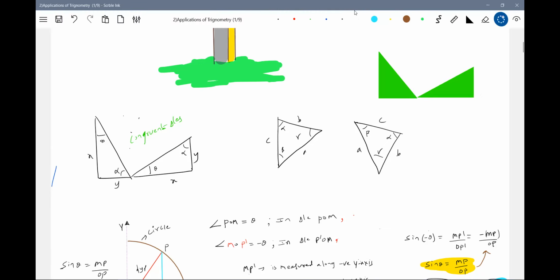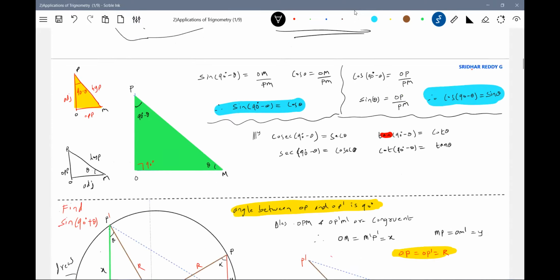If this is X, this will be X. If this is Y, this will be Y. This is some R, so this will be R. If this angle is theta and this is alpha, then this will be alpha and this will be theta. Only the orientation of the triangle changed here. So two triangles of the same side lengths and the same angles are said to be congruent.